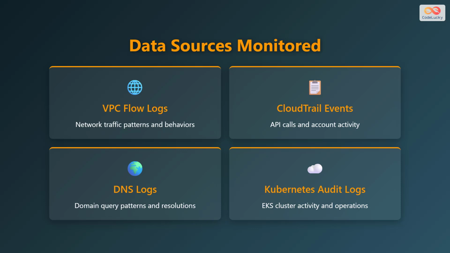Third, it examines DNS logs to identify suspicious domain query patterns and resolutions. And finally, it monitors Kubernetes audit logs from your Amazon EKS clusters to track container activity and operations. By pulling data from these multiple sources, GuardDuty gets a comprehensive view of what's happening in your AWS environment.